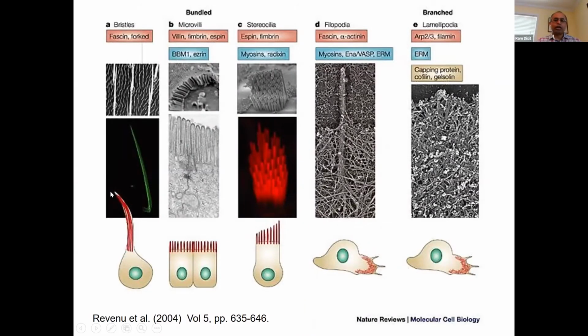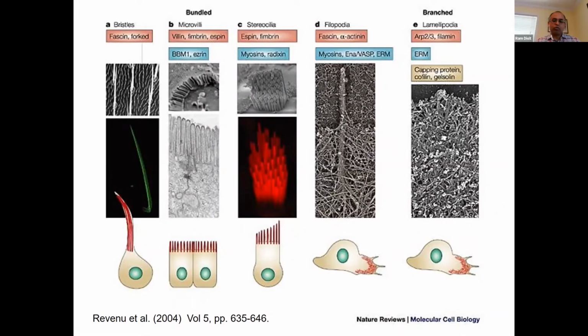And so here you don't have to worry about any of the details. The purpose of this slide is to show you that different cells express different types of actin binding proteins. And so this enables them to construct different types of actin arrays. So Liz Haswell briefly mentioned the stereocilia on the ear cells. So you can see those finger-like projections, and the same in microvilli on the epithelial cells lining your gut, they're actually shown here in B. You have these finger-like projections that are maintained upright through actin bundles that are within this filament.